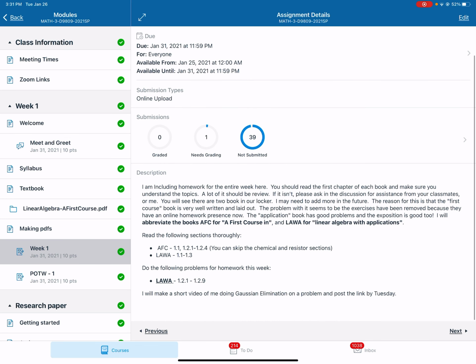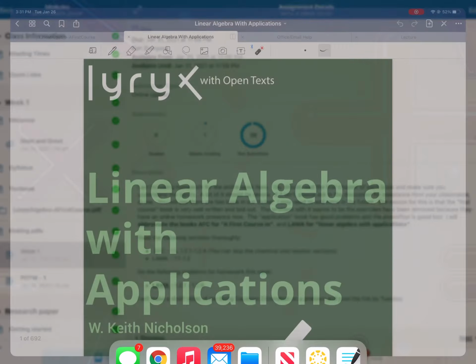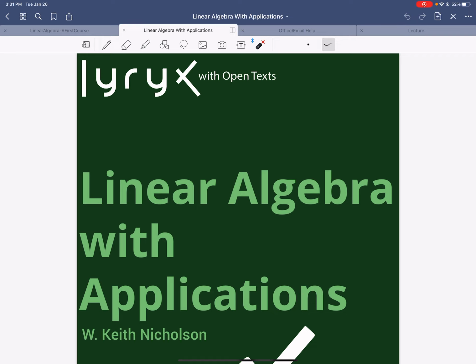So you can see I wanted you to read in there. And then in Linear Algebra with Applications, that's that LAWA, L-A-W-A book, I wanted you to do the homework from there. So if you look, this is the LAWA book, Linear Algebra with Applications.